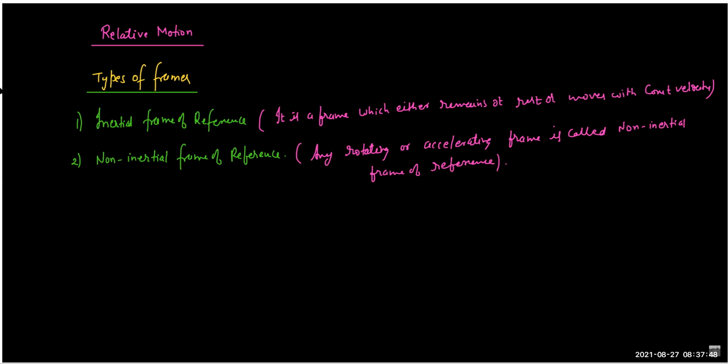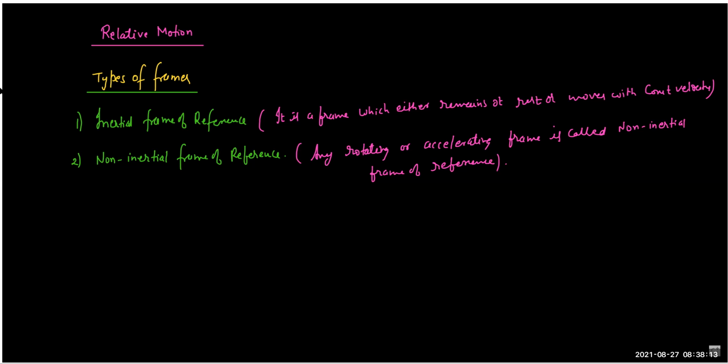The moment you specify the frame, the calculation begins. And it is a very common observation that every frame may give you a different answer, not definitely. So the displacement varies from frame to frame.